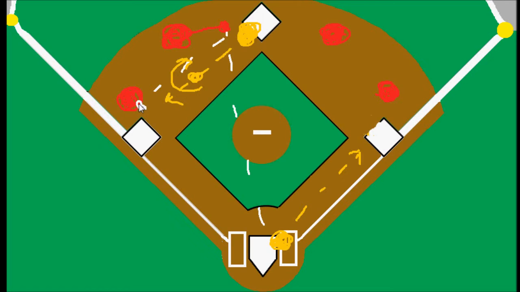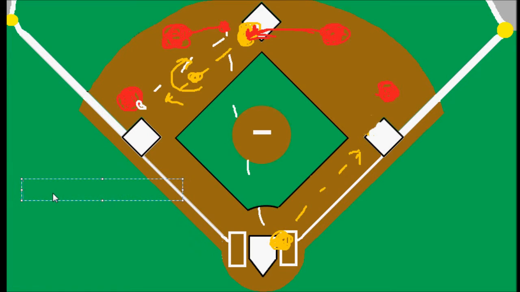But what would happen in this situation is the second baseman would see this, so he would come running over to help his teammates. After the ball went from the shortstop to the third baseman, he would throw it to the second baseman who's coming over, and they would have the runner trapped in the middle.